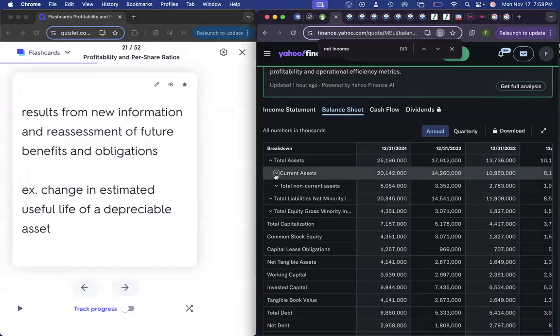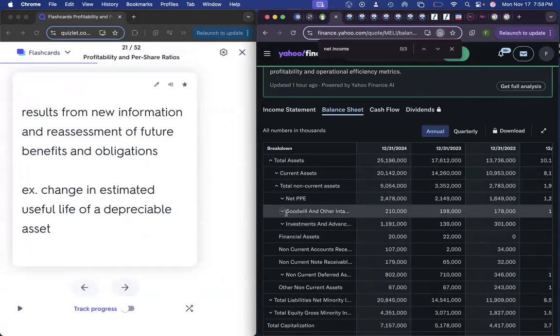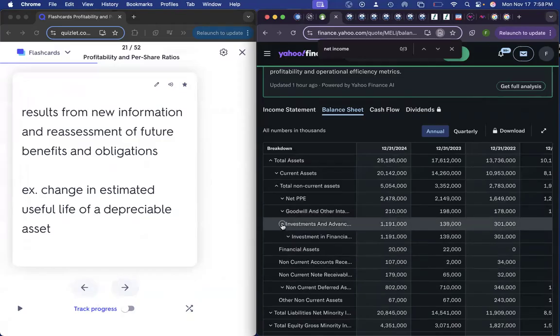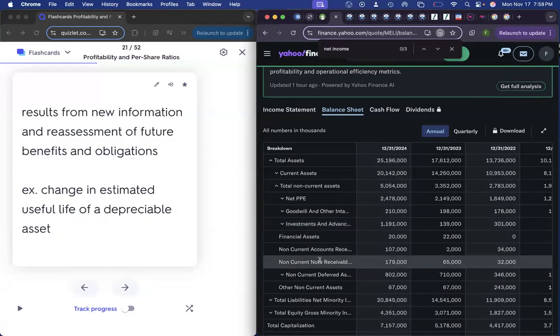So for example, if the terms changed on this non-current note receivable from maybe it's 20 years, and then the terms changed to make it 10 years. That's going to change how much they depreciate this asset.